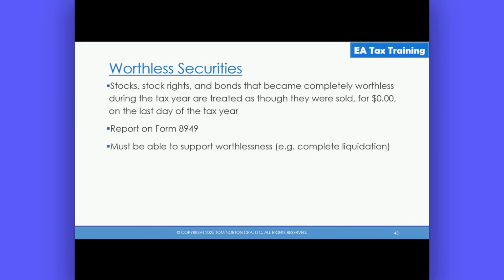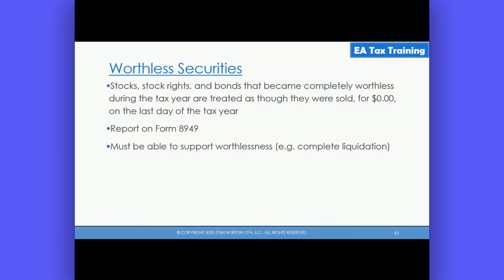Worthless securities. So if you have a stock that you bought, and let's say the company goes out of business and there is no money to distribute out to you. So they don't distribute anything to you, and the stock is now completely worthless because the company no longer exists. That is a capital loss. So you're going to treat that as if you sold the stock on the last day of the year.